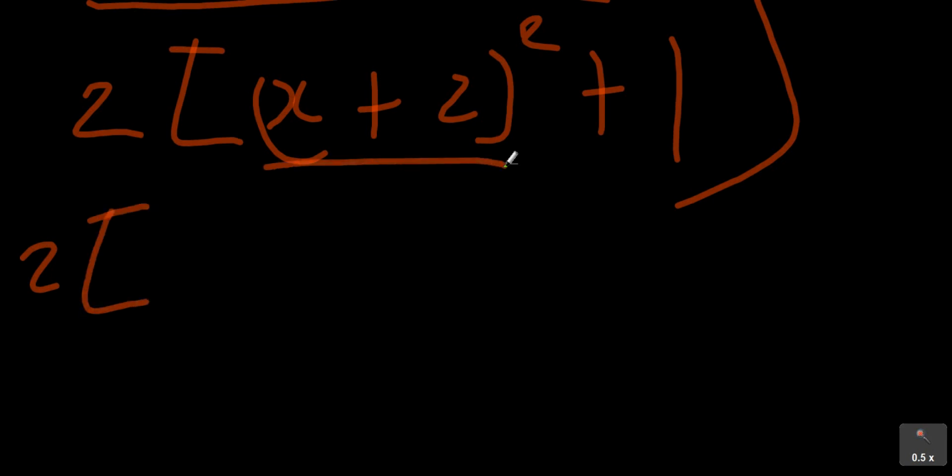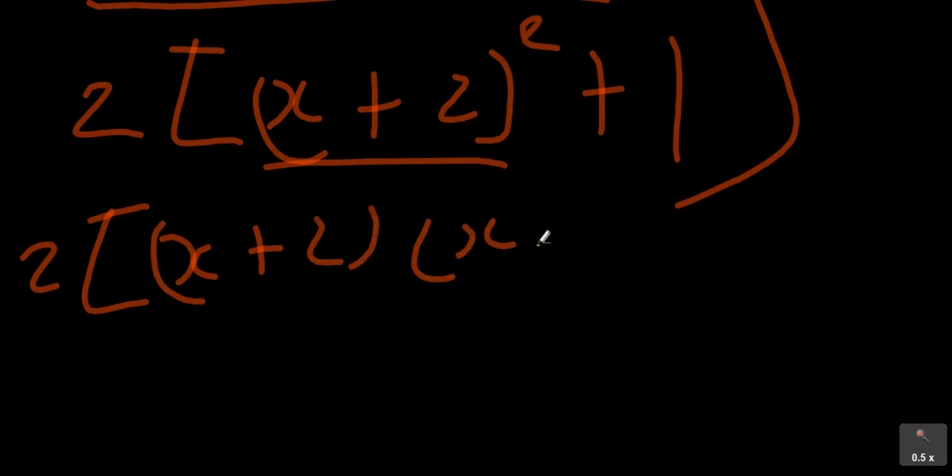This will be this being multiplied by itself, just like an exponent. It's an exponent, so it tends that we're multiplying by itself. So we have plus 1.